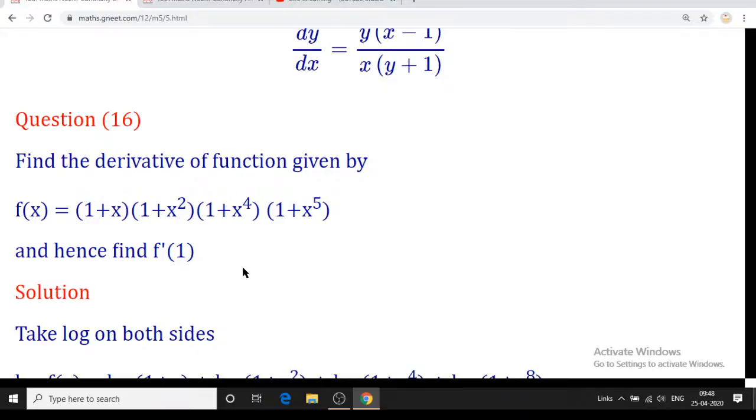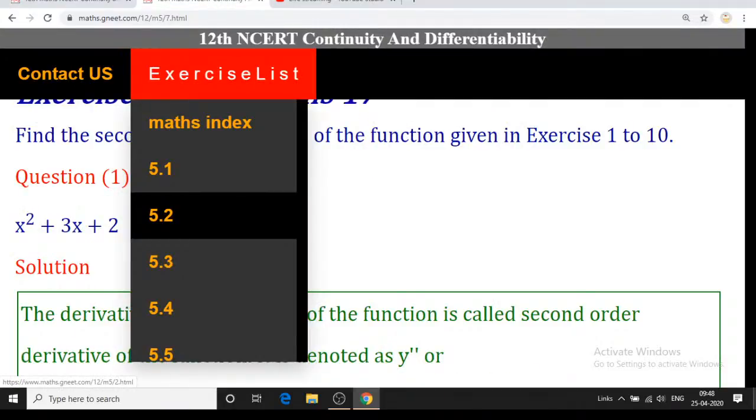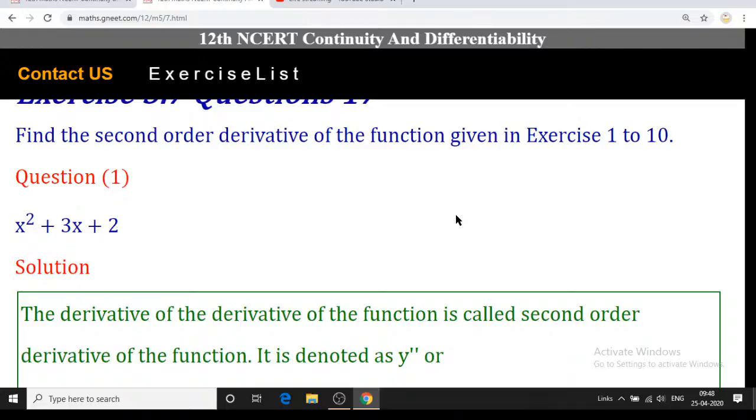Yesterday we have already completed 5.6. Now we will start with 5.7. Before that, what is meant by the second order derivative?